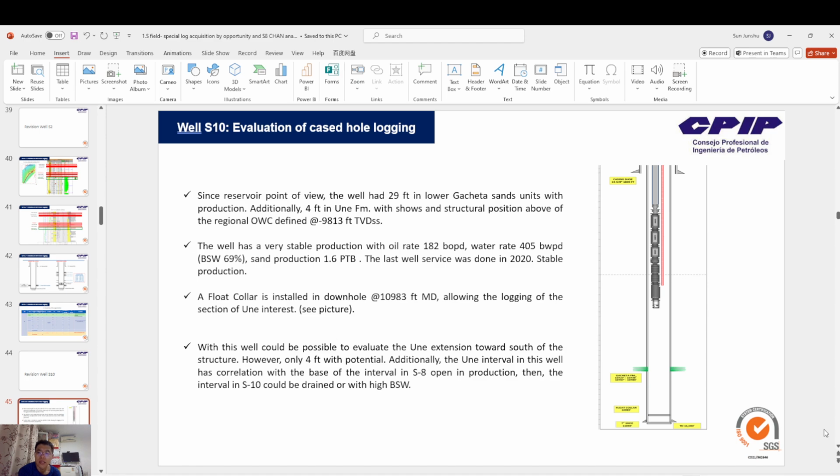Stable production since then. A float cooler is installed downhole at 10,983 feet of MD, allowing the logging of the section of interest.